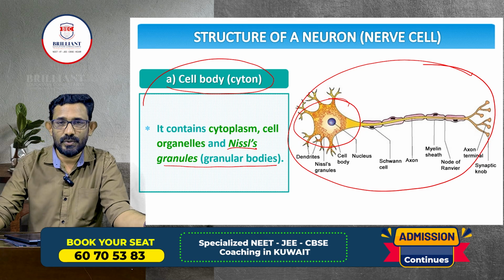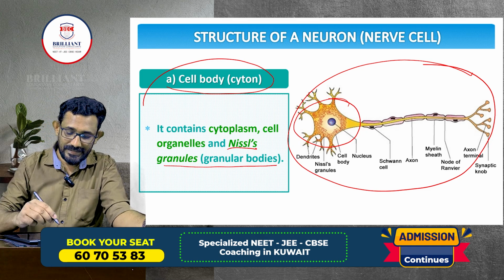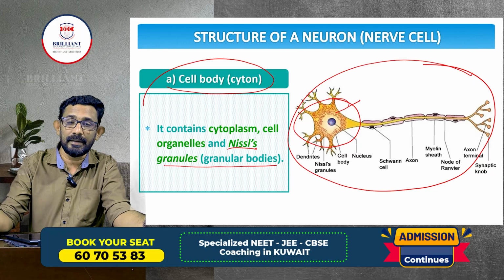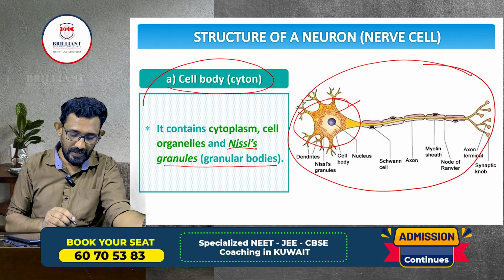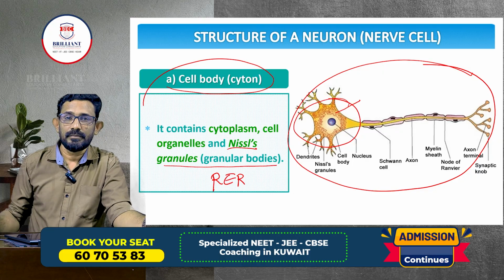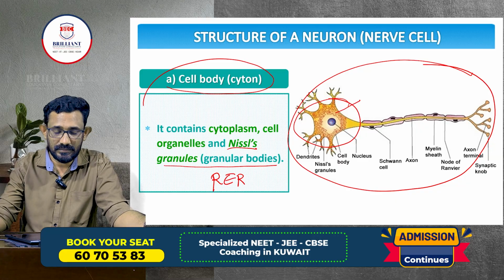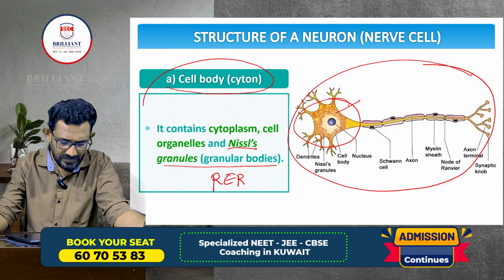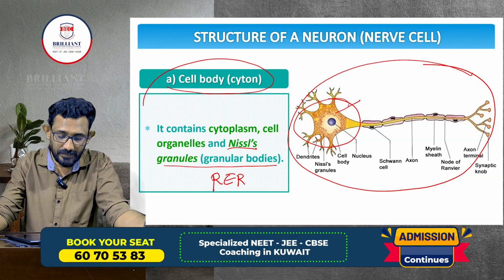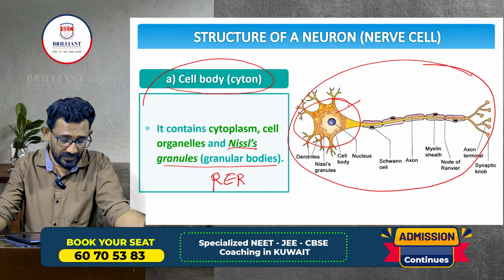Usually in other cells also granules are present. Those granules are made up of proteins. But these Nissl's granules are made up of rough endoplasmic reticulum. It is not mentioned in the NCERT, but it is an additional note, that rough endoplasmic reticulum is the source of what is called Nissl's granules.